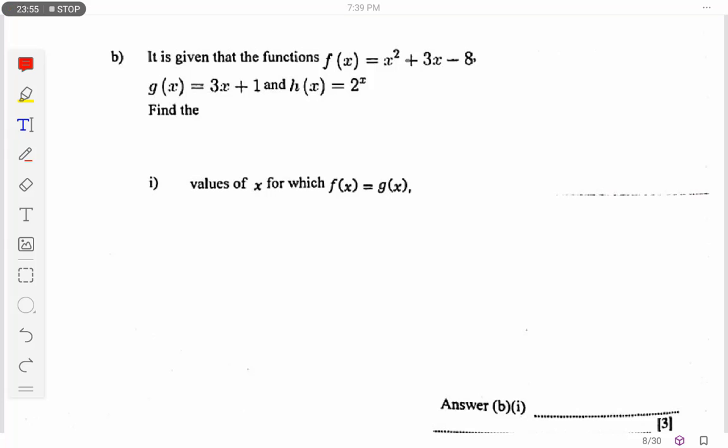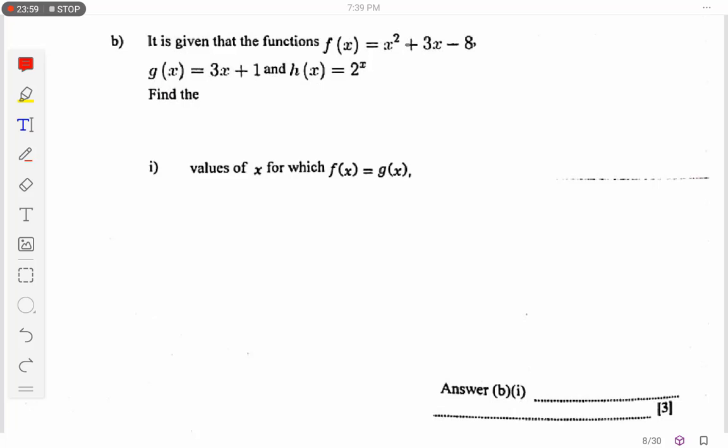Okay, the next question, these are functions. They are saying we are given that f of x is that, and g of x is that, and h of x is that. Now they are saying find the values of x when we have f of x equal to g of x. So basically, when we have such a question, we are just equating this form to this form.